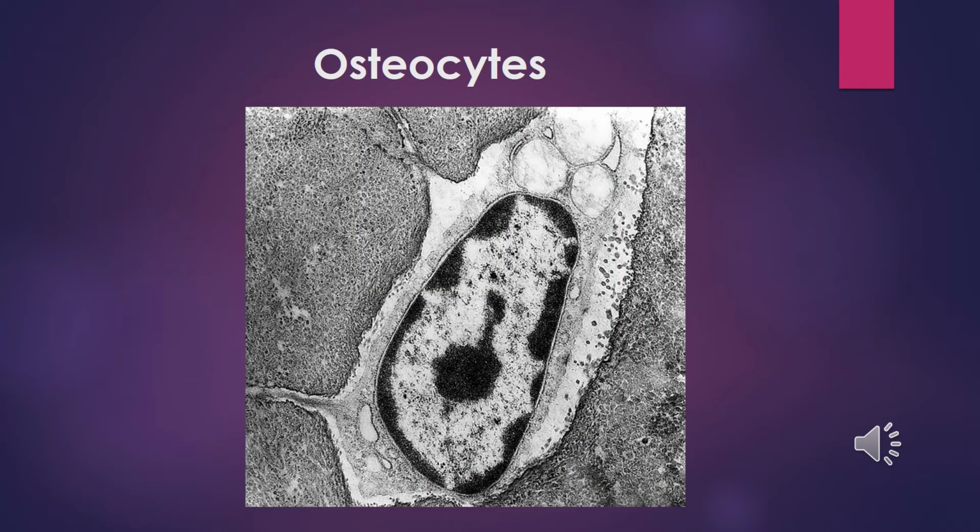It's a photo from electron microscope, micrograph. The photo shows you the position of processes of osteocyte, and look very attentively: a very large nucleus inside the cell, and an active nucleus because you see more euchromatin in nucleus.